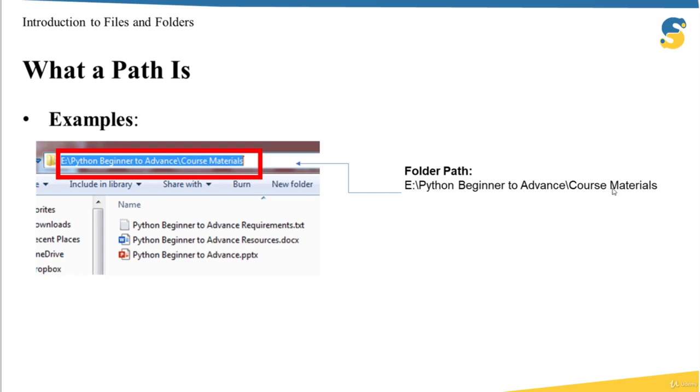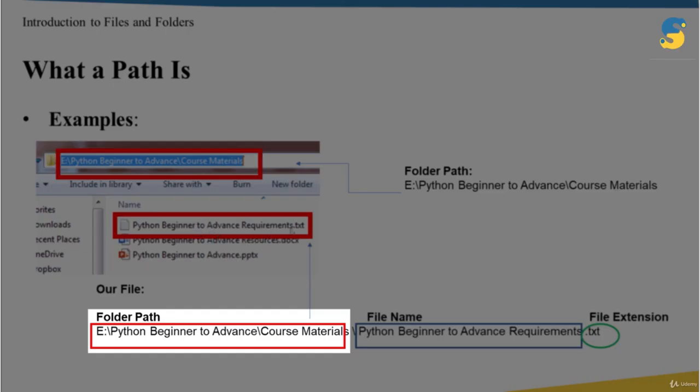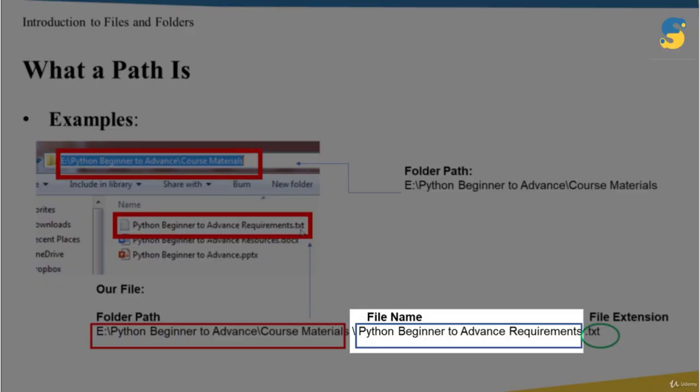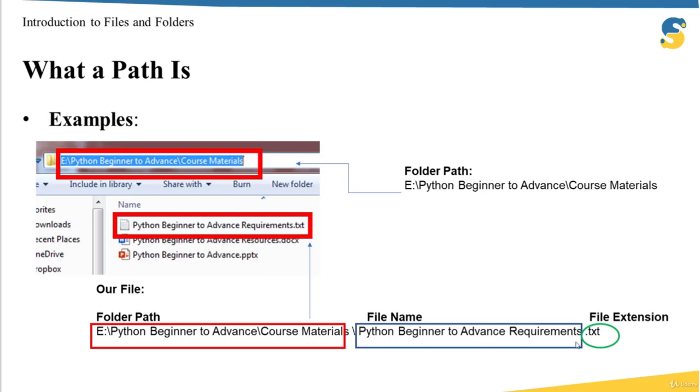The path to this file is from here to here, and you can divide this path into three parts. The first part, from here to here, is the folder path. The second part, from here to here, is the file name. And finally .txt, which is the file extension. Being able to understand these three components very well is very useful to understand OS module functions in future lectures.